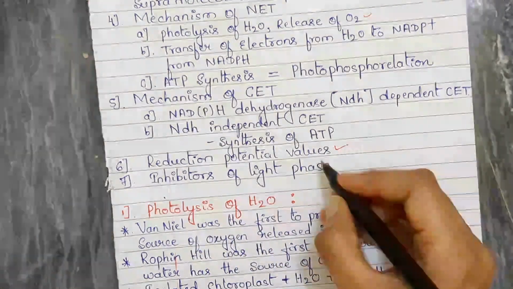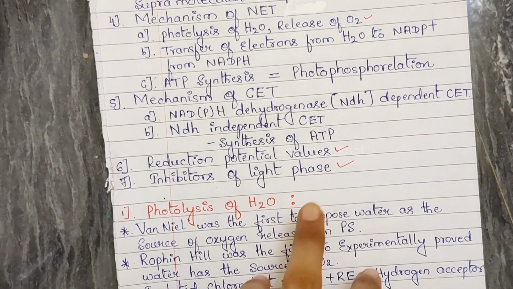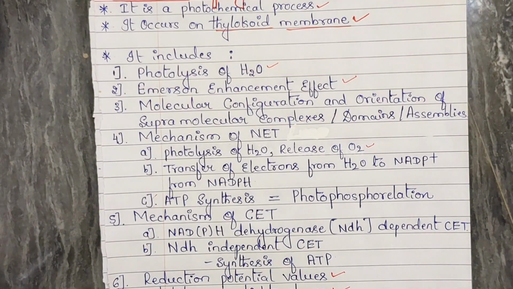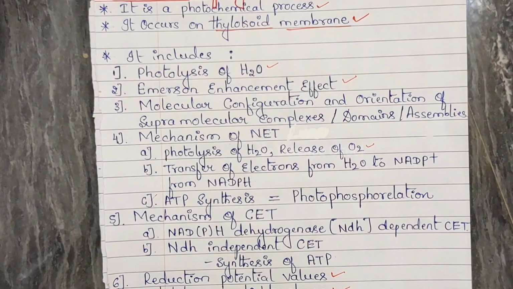And the seventh one, inhibition of light phase: how the light phase is inhibited, and what factors inhibit it. We are going to study all these in detail. Before, we just studied the definition and some factors, but now we are studying the actual process of photosynthesis in detail, step by step.